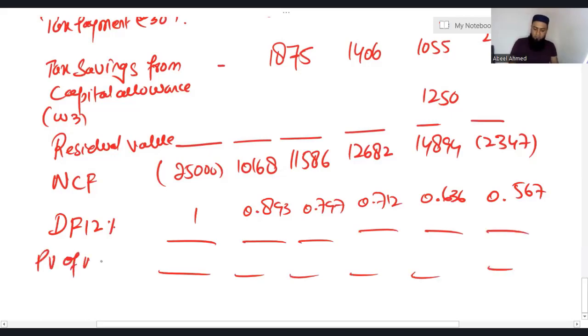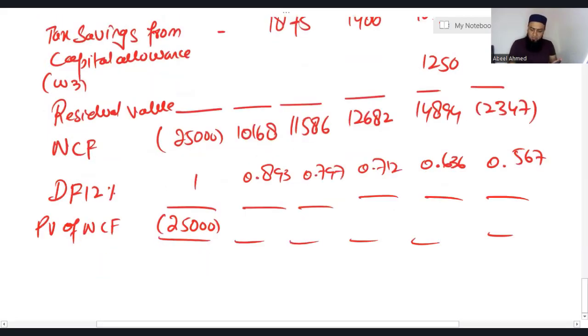Present value of net cash flows. That is 25,000. 10,168 multiplied by 0.893. I'm getting 9080. 11,586 multiplied by 0.797, 9234. 12682 multiplied by 0.712, 9030.